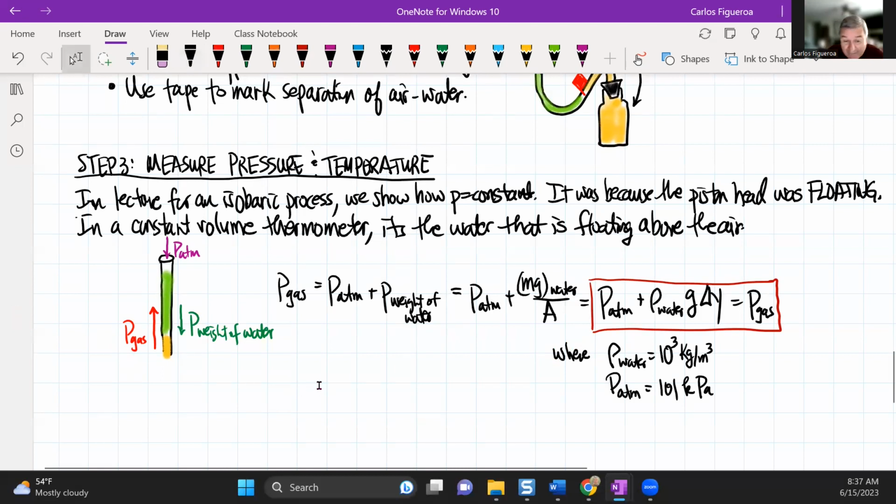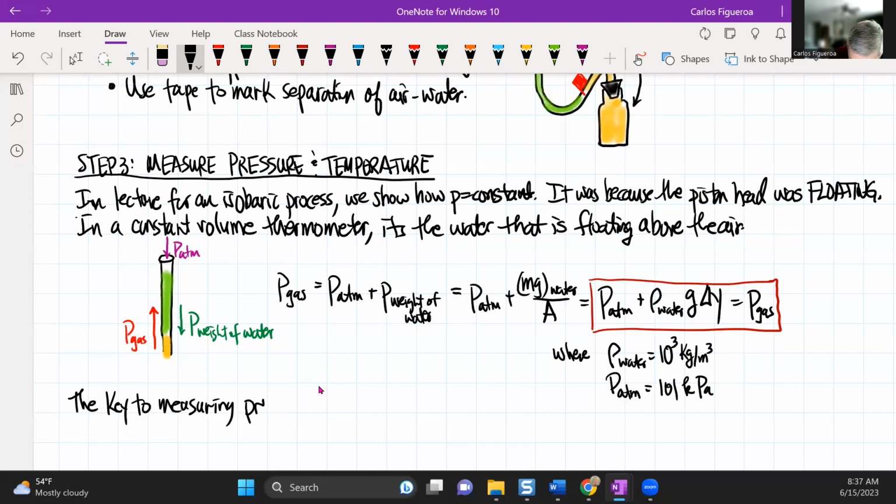So if I do that, that's how I want to measure the pressure here. So the key to measuring pressure is the height change. That's the key to that thing.